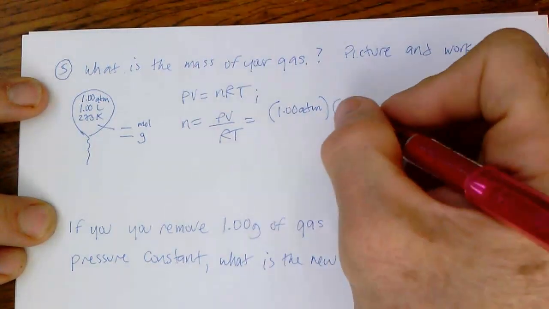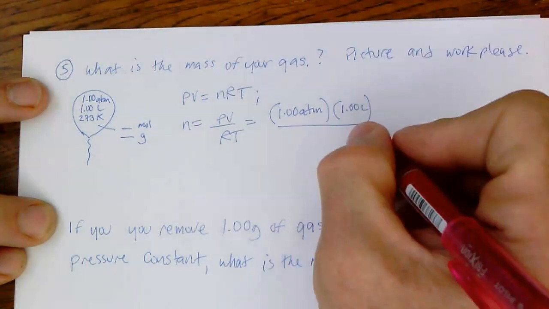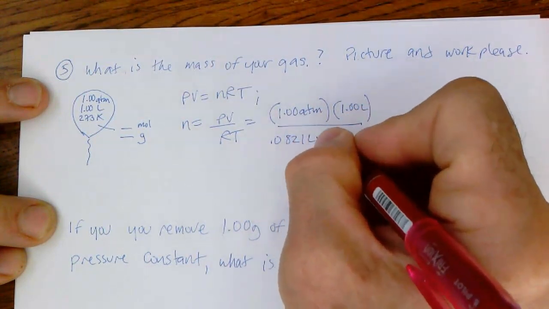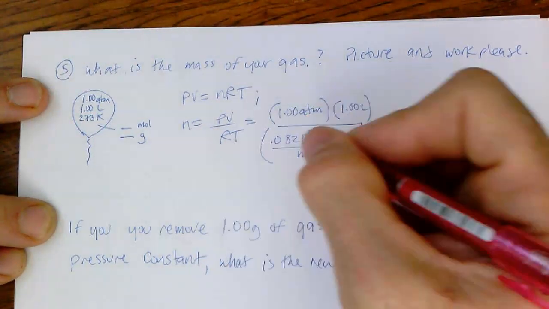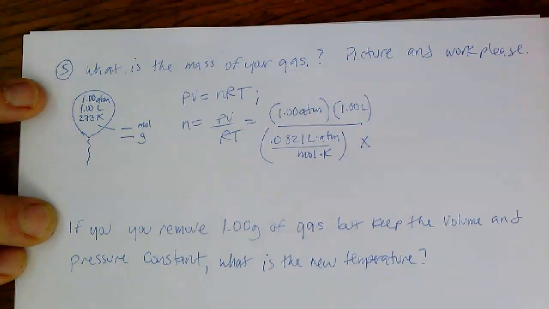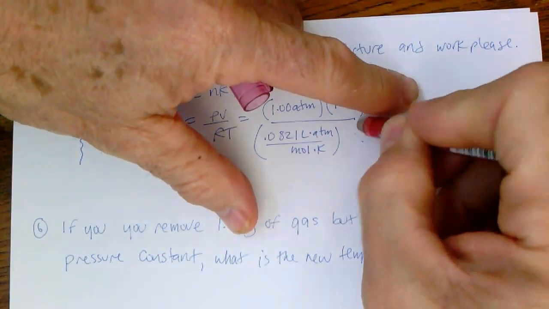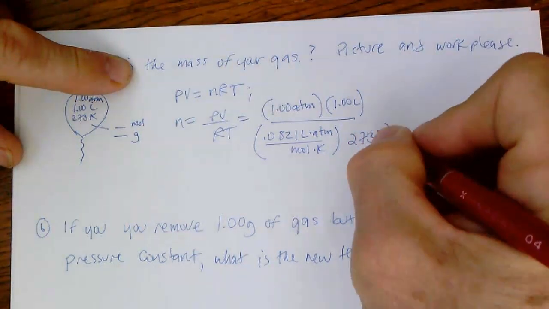Is volume in liters? 1.00 liters. Yes. Is R just a number? You betcha. 0.0821 liters times atmosphere, all divided by mole times Kelvin. Wonderful. And we're solving for the temperature? No, we're not. Temperature is given too. We're solving for n. Temperature is 273 Kelvin.